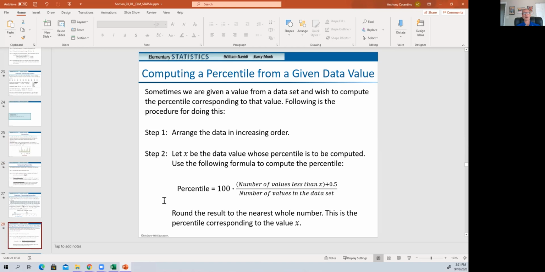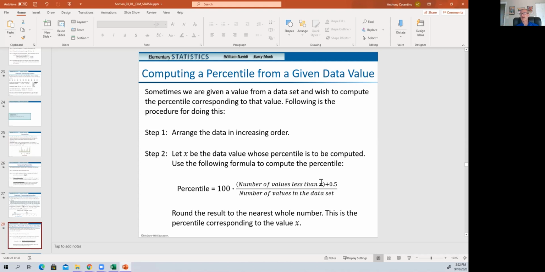I'll walk through a couple of examples, but the way it works is that you're going to calculate a percentage. That's why we're multiplying by 100 here in the percentile. So, the number of values less than X. If you're looking for the percentile for, say, index 5, you want everything less than that. So that would be 4, 3, 2, 1. So there would be 4 numbers less than that.